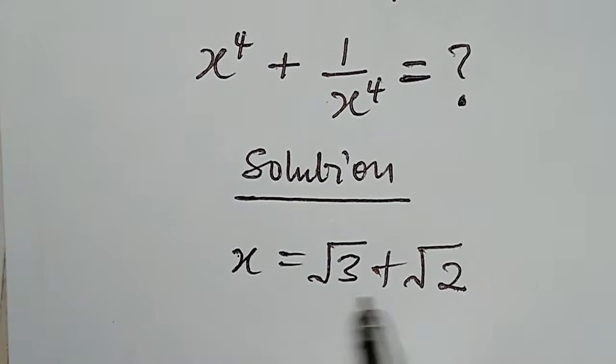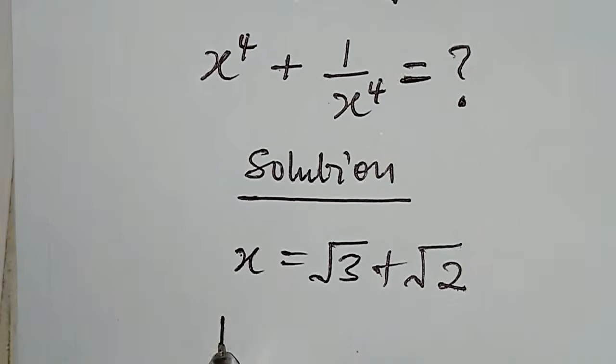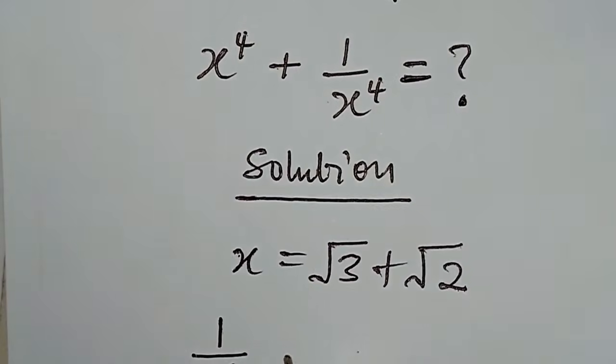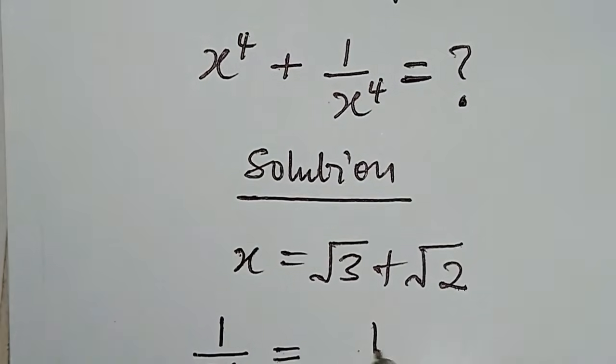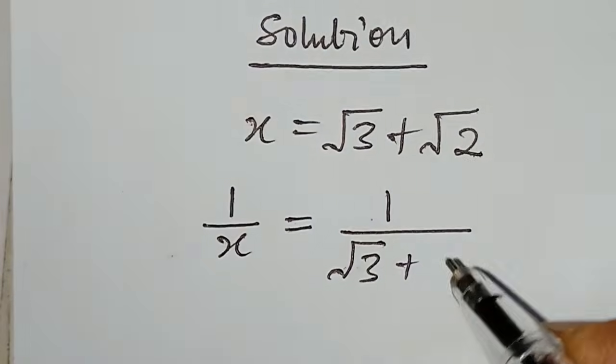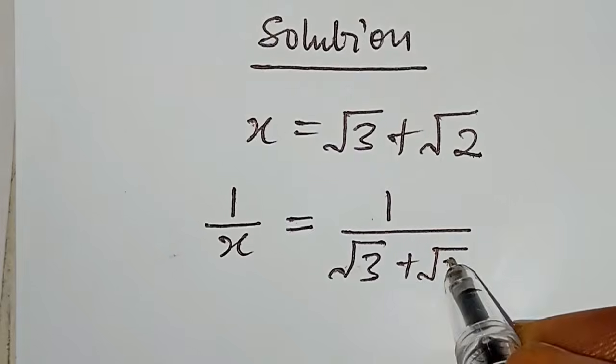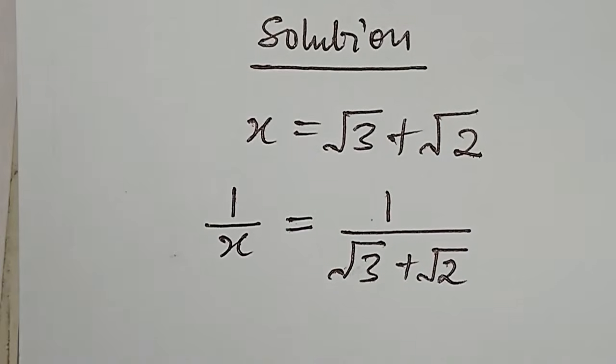So let's take the inverse of x, and that will give us 1 over x, which is equal to 1 over square root of 3 plus square root of 2.